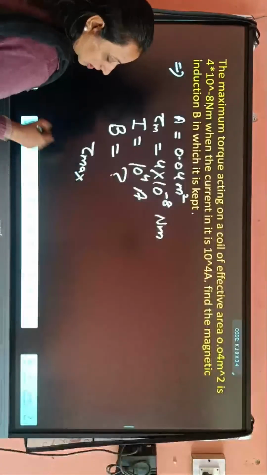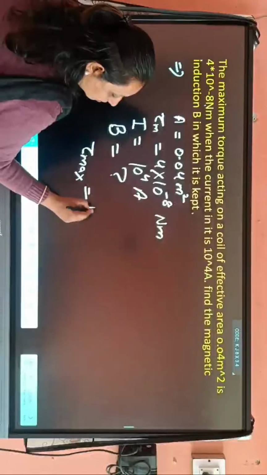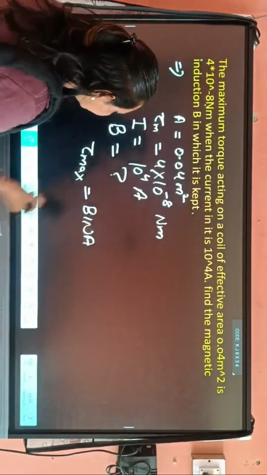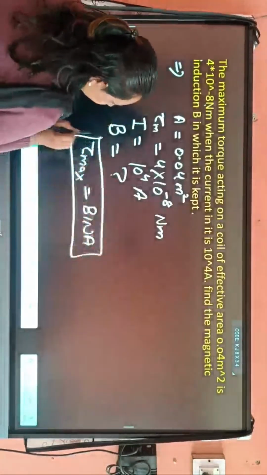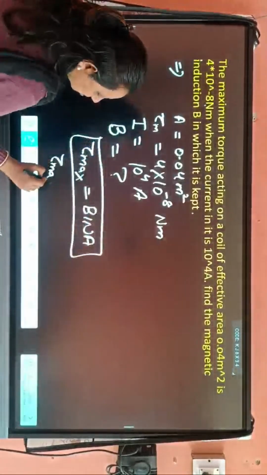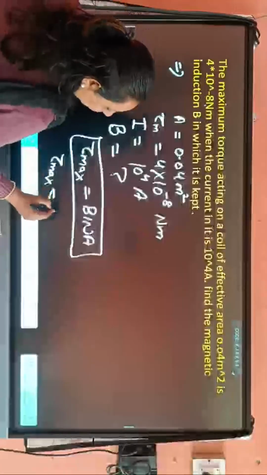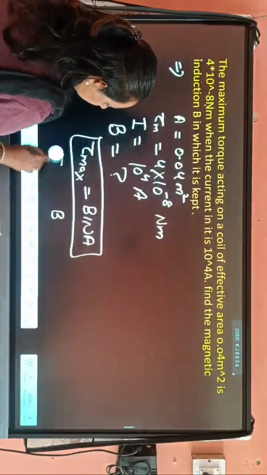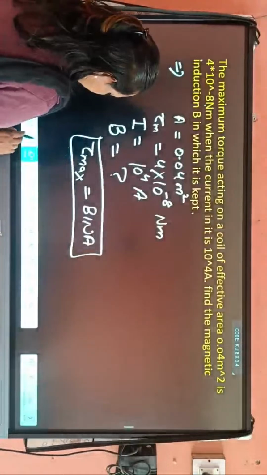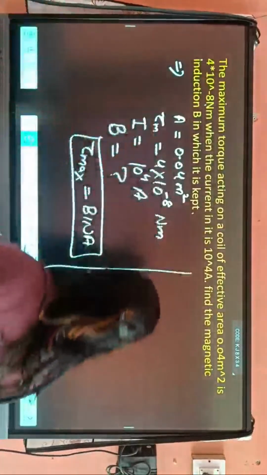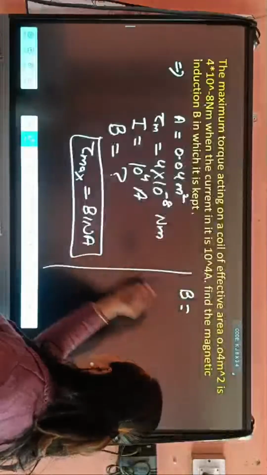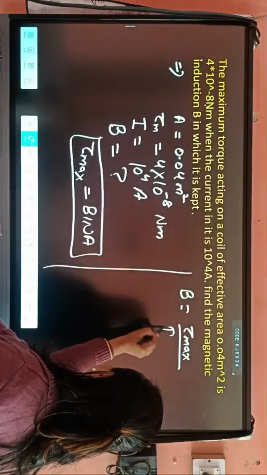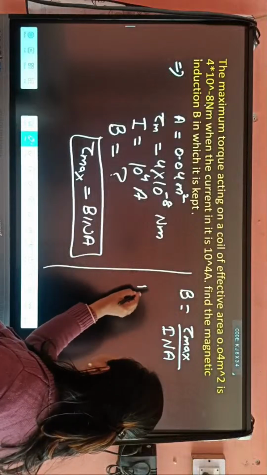Now we derive the formula for torque, that is NIAB sin theta, maximum when sin 90 degrees. So tau is equal to NIAB, put all the values, we have to find B. So to find B, rearrange this. B is equal to maximum tau upon NIA.